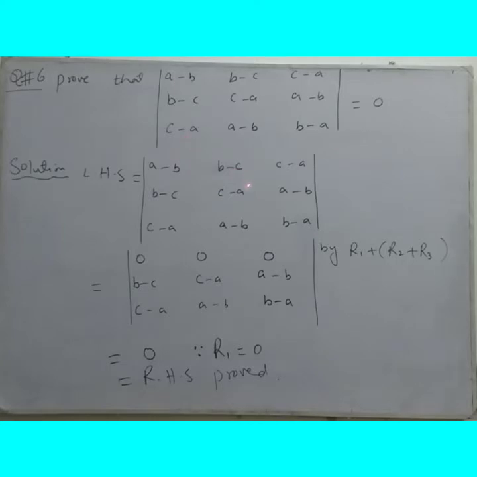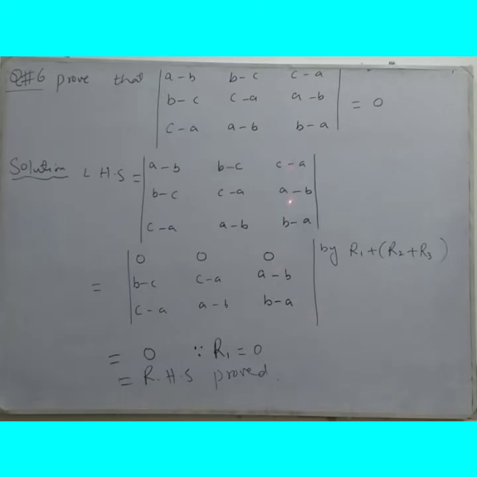Similarly for the next, when we add the sum of these two rows in the first, we have b minus c plus c minus a plus a minus b, plus b minus b cancels out, minus c plus c cancels out, minus a plus a cancels out, and we have 0.